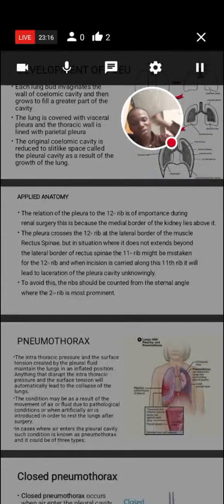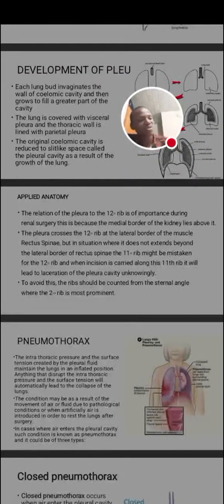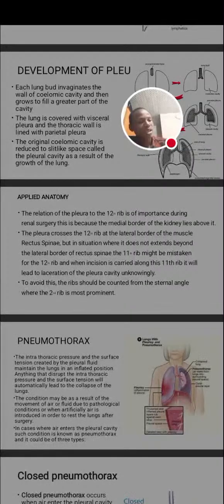The 12th rib and renal surgery, because the medial border of the kidney lies above the pleura.